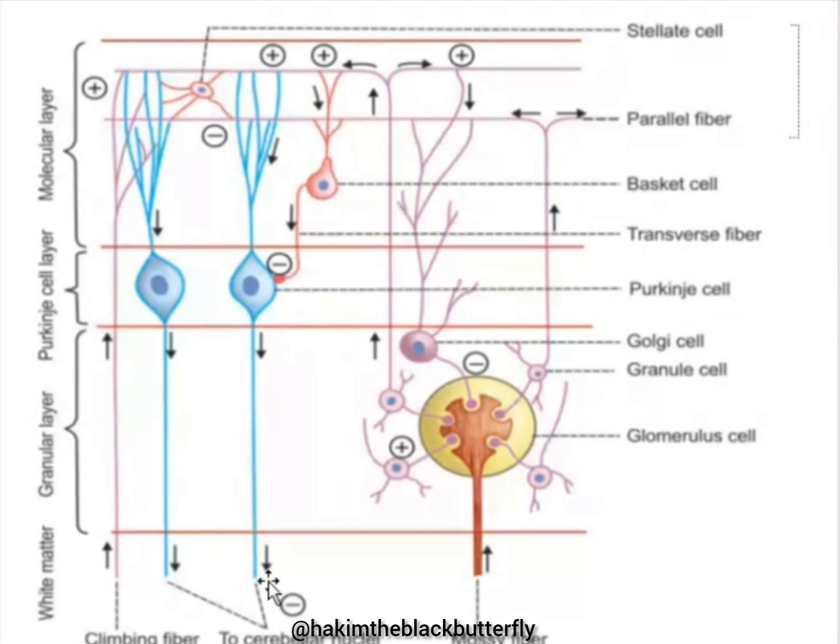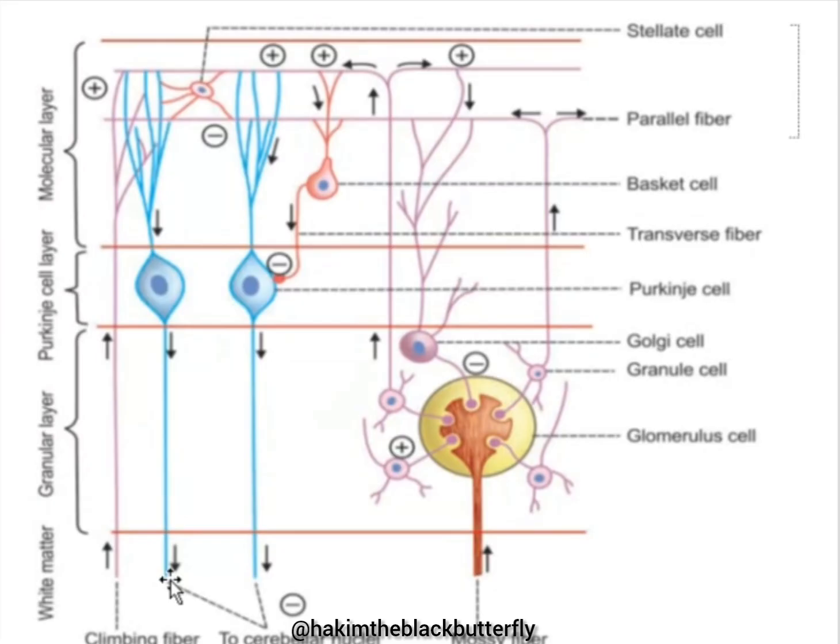So this means that the cerebellum receives electrical impulses. That is why you see these arrows entering like that. The cerebellum receives electrical impulses, and then it also transmits out electrical impulses.